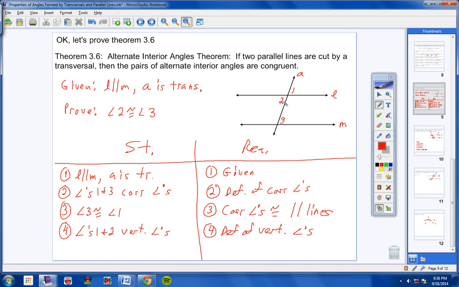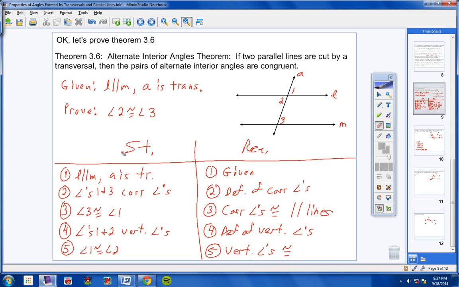So I can definitely state that 1 and 2 are vertical angles. Next, I can state that angle 1 is congruent to angle 2. Can I not? And the reason is, we have a theorem or a postulate, I forget which one it is, but it says vertical angles are congruent. And we're cruising right along, guys.